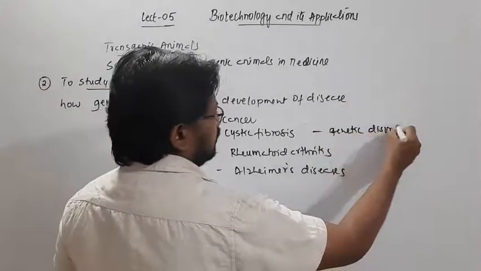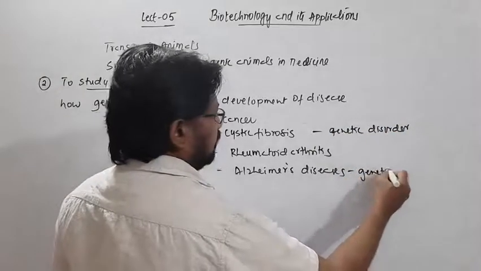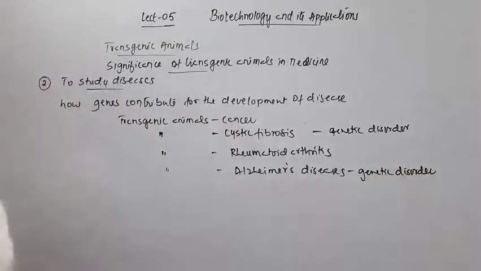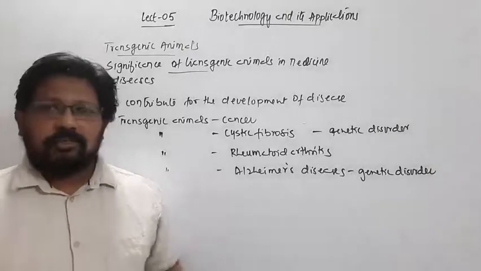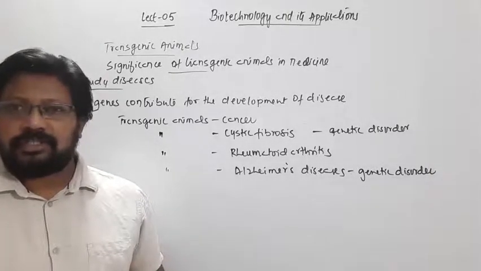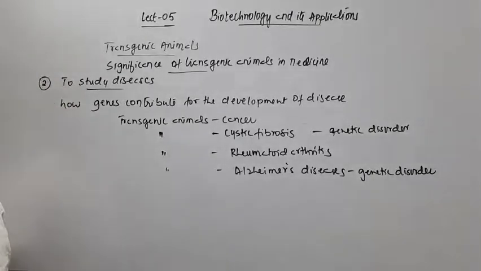Cystic fibrosis, rheumatoid arthritis, and Alzheimer's disease are genetic disorders. Now, for these genetic disorders there are no permanent treatments. Of course, for cancer, we have a complete treatment if it is found in early stages, but for cystic fibrosis, rheumatoid arthritis, and Alzheimer's disease, they don't have any permanent treatment.